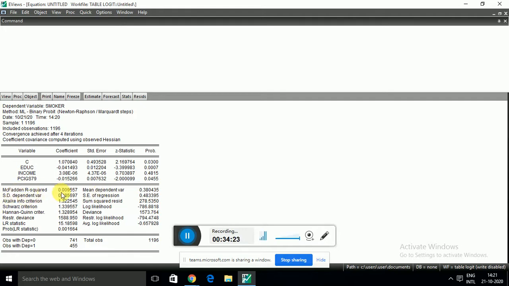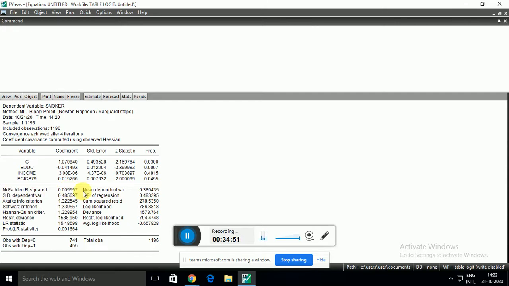This McFadden R square is very small, as you can see, because typically in multiple regression the adjusted R square tends to be high, particularly with time series data. Even with cross-sectional data, this number is in the range of 0.2, 0.3, something like that. For time series data, this number is in the vicinity of 0.9.